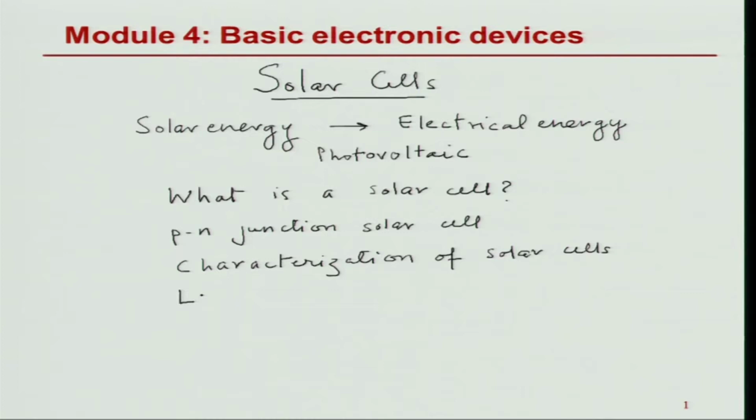Finally, I would like to list all the losses which limit the efficiency of the solar cell. Look at a simple process which is used for making commercial solar cells.